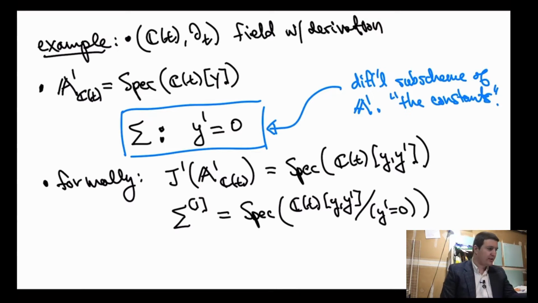This is what's called the first jet space. If instead of the affine line we had added extra equations, then we would take the derivatives of those equations as well. This is the trace of this differential algebraic variety, and it cuts out an order 1 differential equation in there.